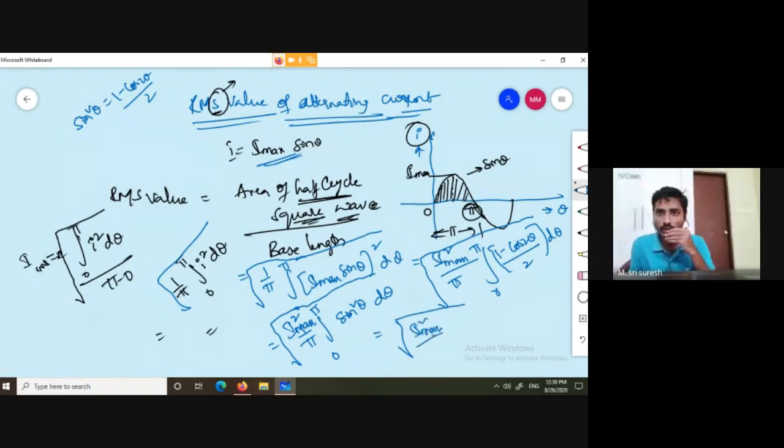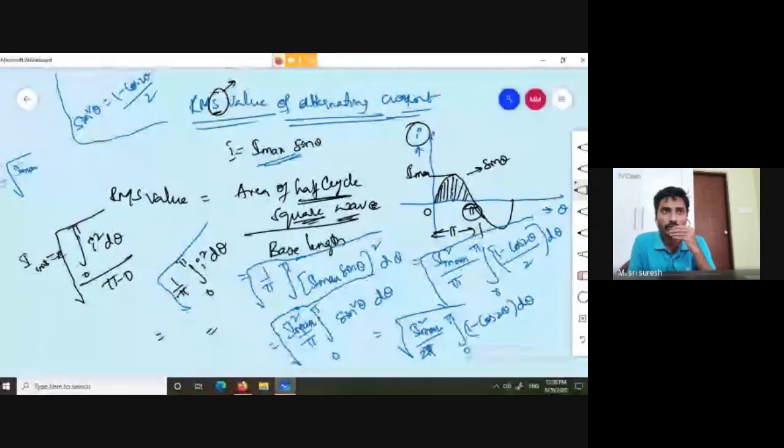If you take 2 outside the integration, you get 1 by 2 here. So root over I max square by 2 pi, integration from 0 to pi of (1 minus cos 2 theta) d theta.